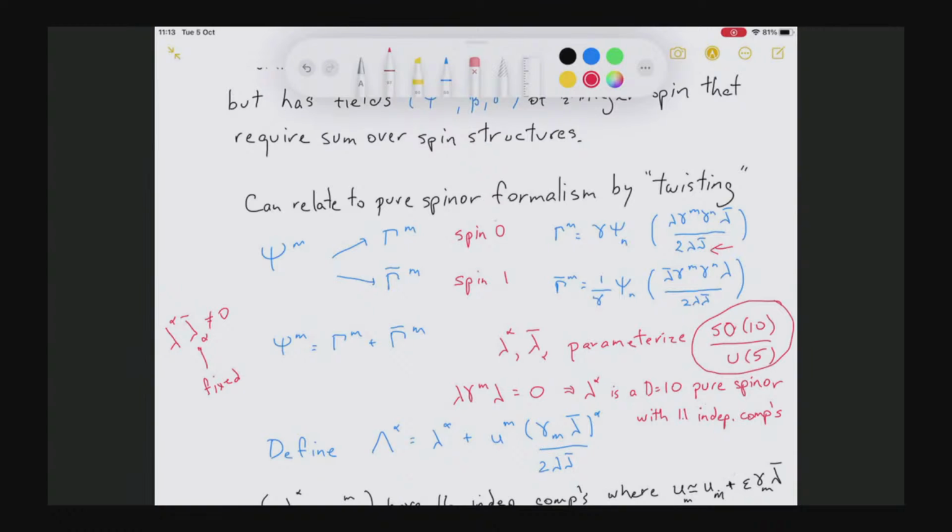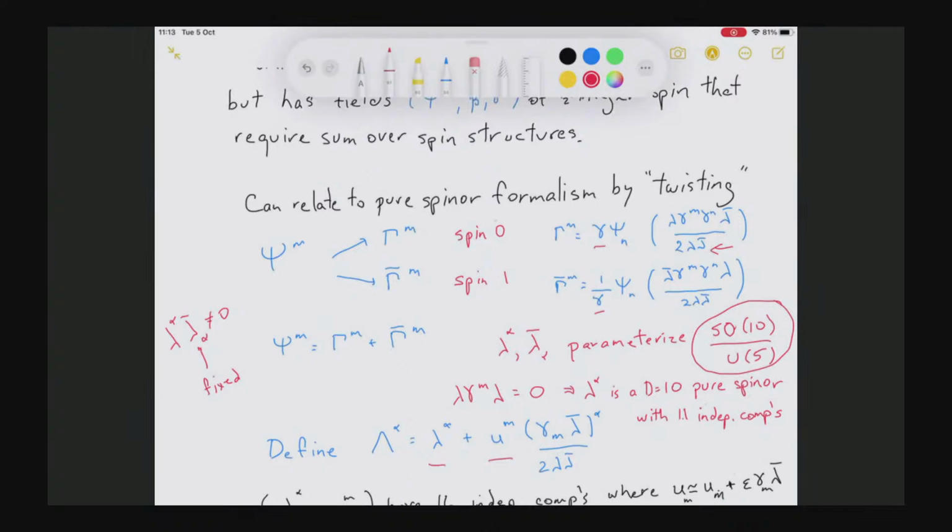Okay, so using lambda and lambda bar, I'm going to define how I twist my psi's. These capital gammas will have conformal weight 0 and capital gamma bars will have conformal weight 1. That's just because one is multiplied by lambda and the other is divided by lambda. You can invert this to write psi in terms of the sum of capital gamma and capital gamma bar. We're also going to decompose this auxiliary variable, capital lambda, into a pure spinor and an additional variable, which will be a vector.